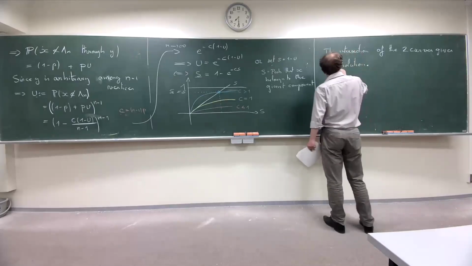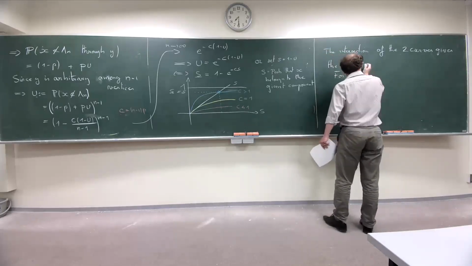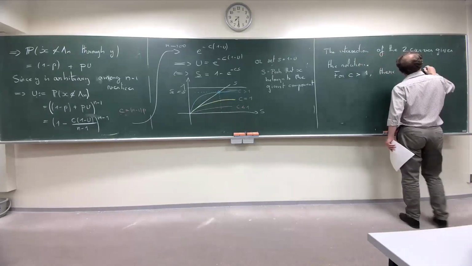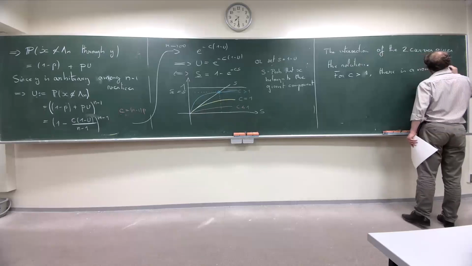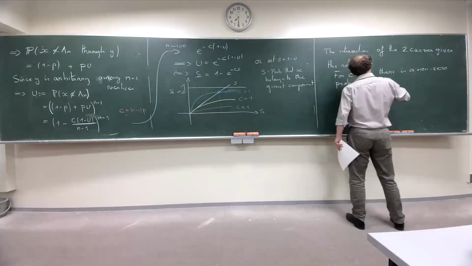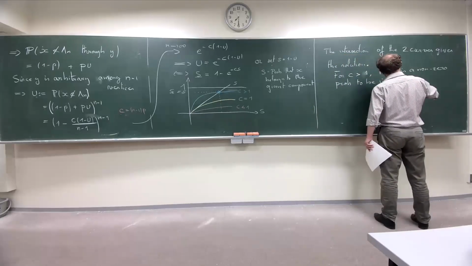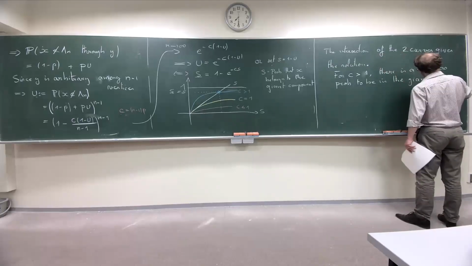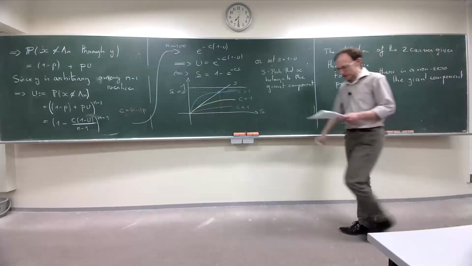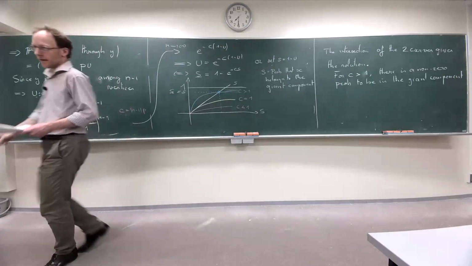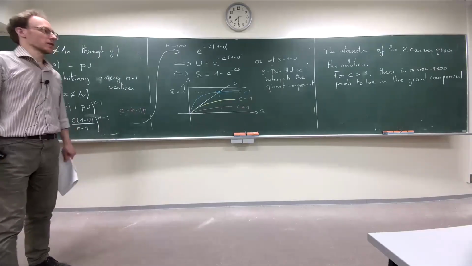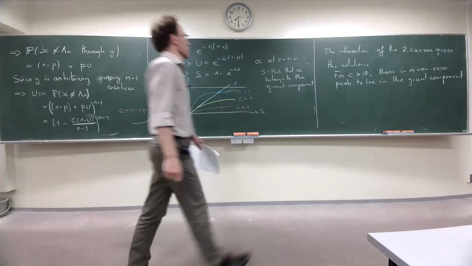And what we observe for C bigger than 1, there is a non-zero probability to be in the giant component. So it means it exists. For C smaller than 1, it doesn't exist. There is no solution. For C bigger than 1, there is a non-zero probability to be in the giant component.